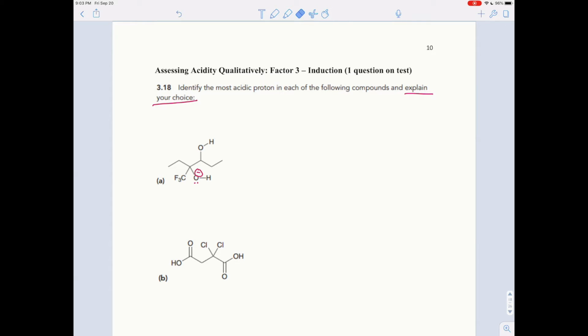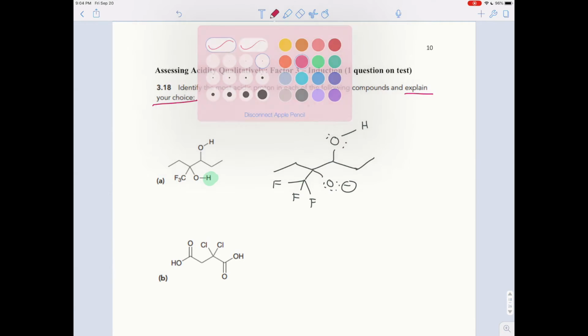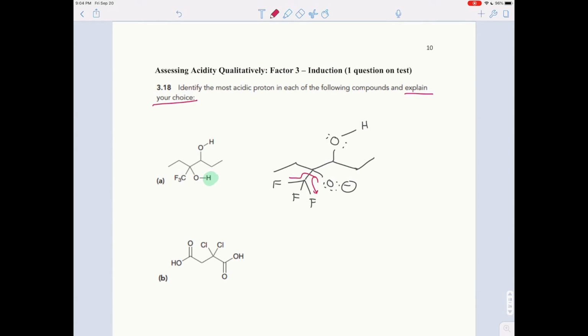And so the hydrogen here is the most acidic one, because if that hydrogen leaves, as it would if it were acting as an acid, then the oxygen is going to be left with a full negative charge, and that negative charge will be stabilized by all the fluorines pulling the electrons toward themselves.